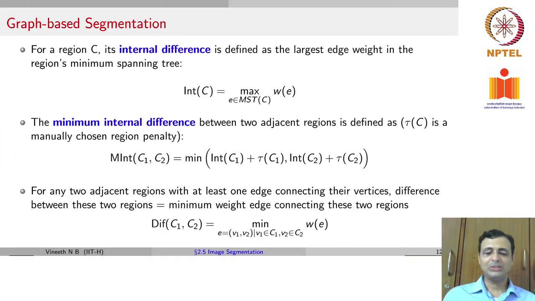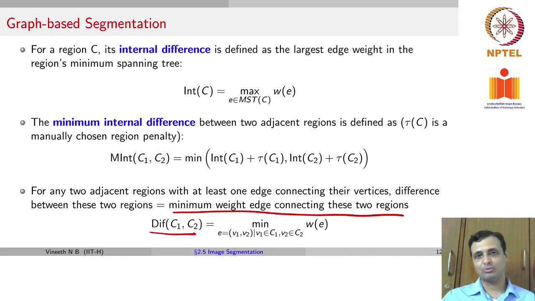Once you have this, for any two adjacent regions, which have at least one edge connecting any of their vertices, we define a quantity called diff of C1, C2, which is given by the minimum weight edge connecting these two regions. So for example, you consider all edges V1, V2 such that V1 comes from region C1 and V2 comes from region C2.